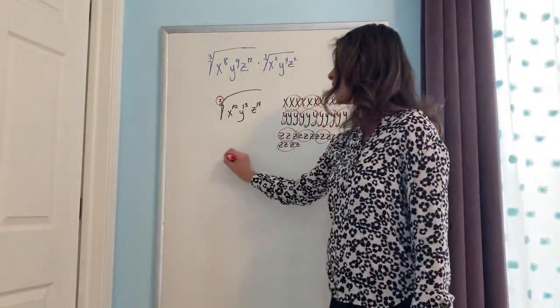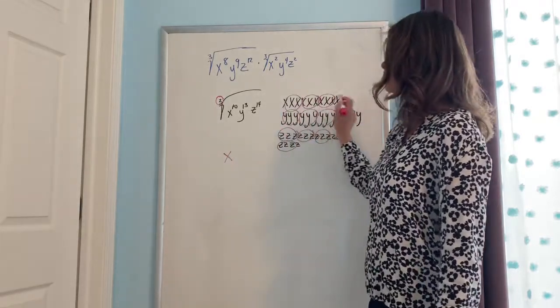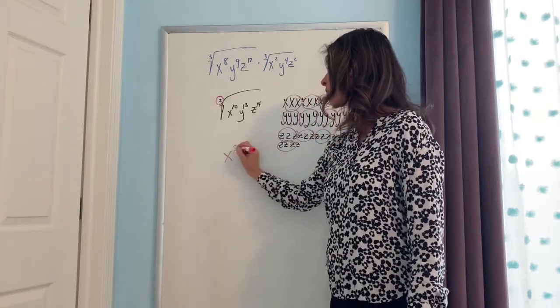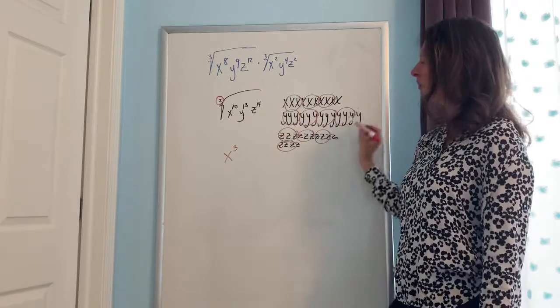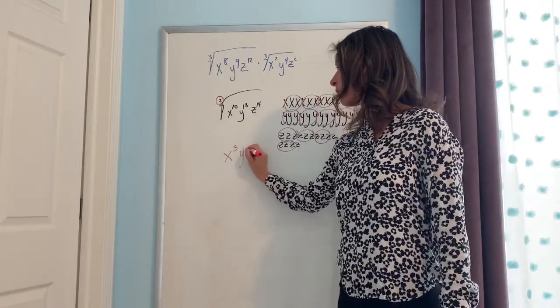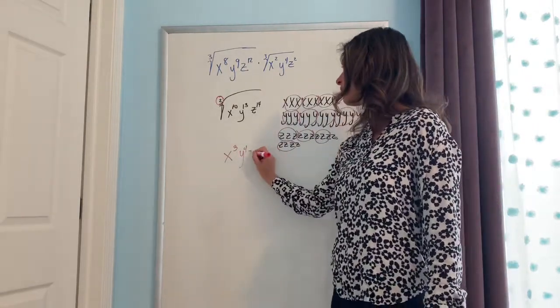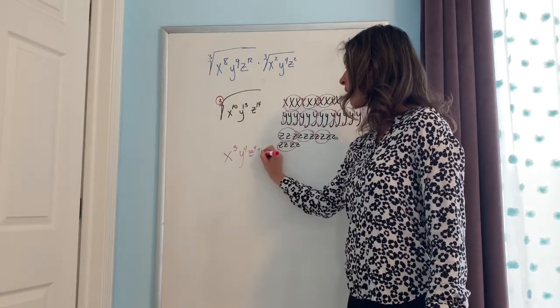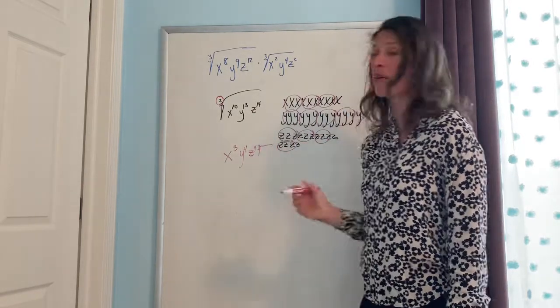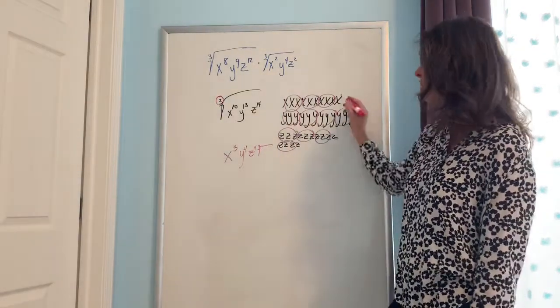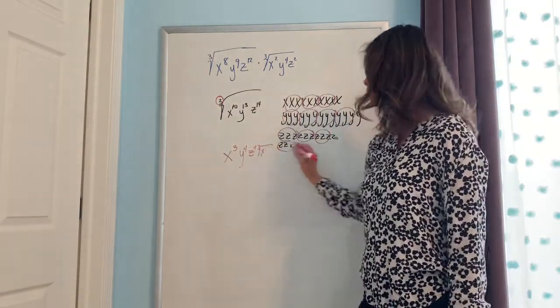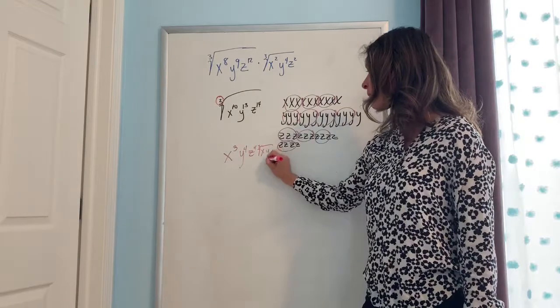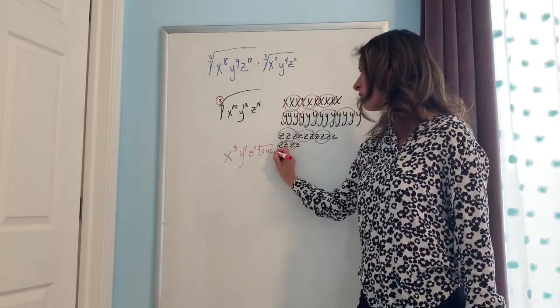So that means that I have x to the 1, 2, 3, y, 1, 2, 3, 4, z to 1, 2, 3, 4, and then inside my radical is anything that did not get circled. So I have 1 x, I have 1 y, and I have 2 z's, so z squared.